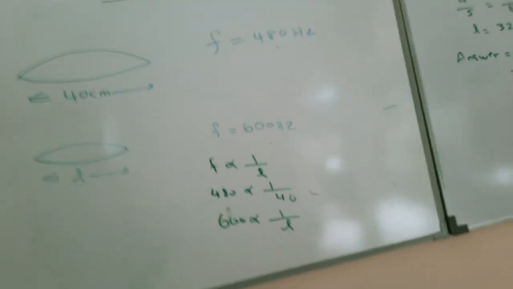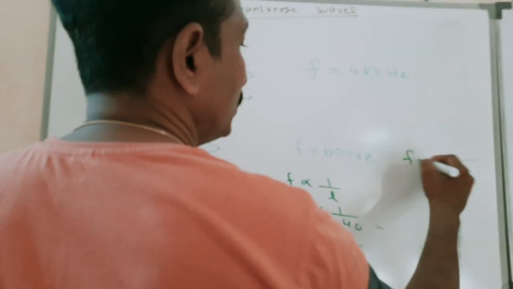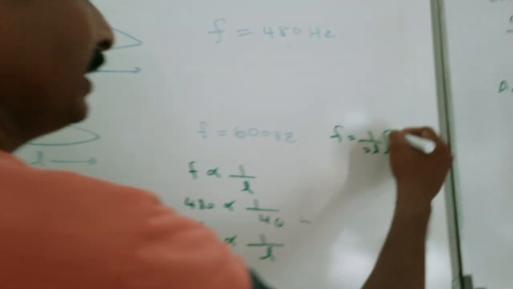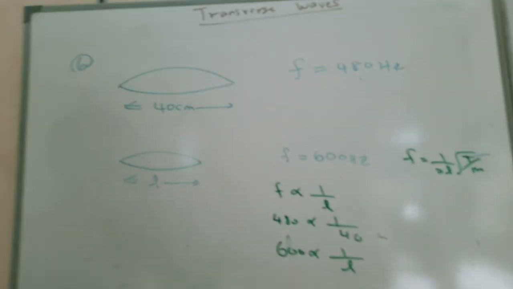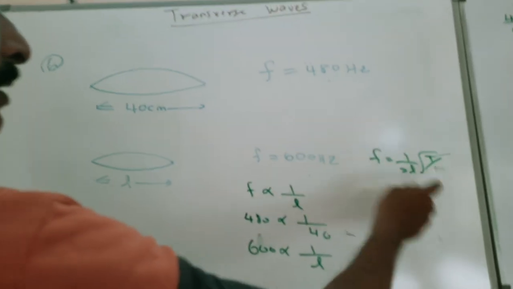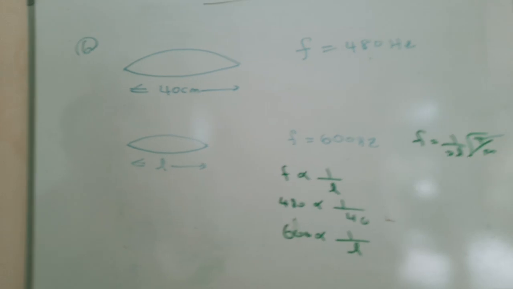How to find it? We are already familiar: F is equal to 1 by 2L root of T by M. That is the fundamental frequency. Here the tension and mass per unit length are the same, so F is inversely proportional to length.